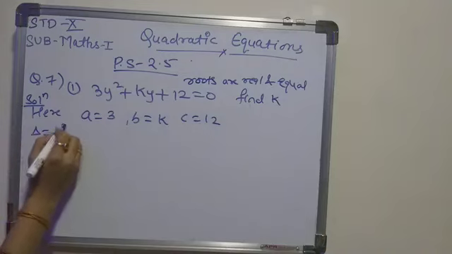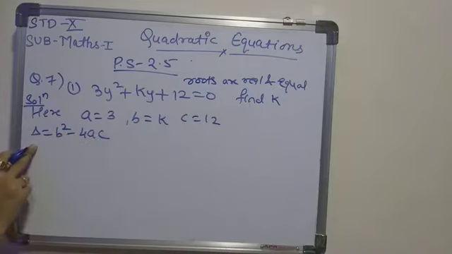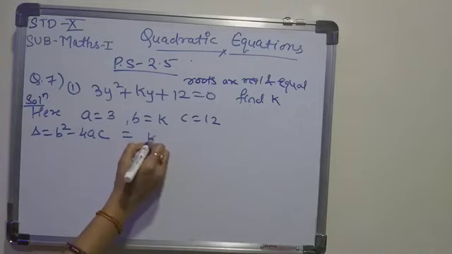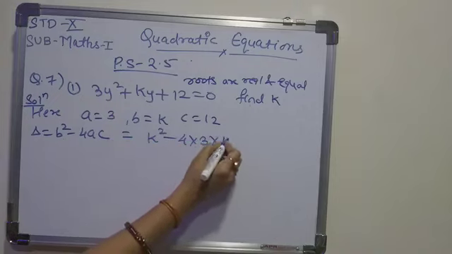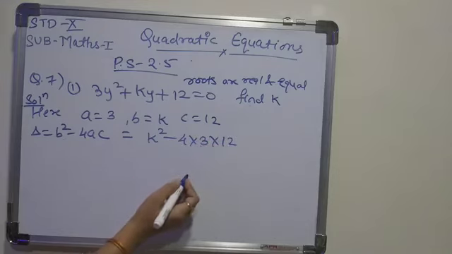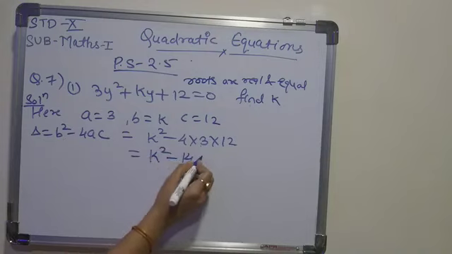Delta means your b square minus 4ac. Delta means discriminant, which is equals to k square minus 4 into 3 into 12. 4 3s are 12, 12 12s are 144, right? You will get k square minus 144.